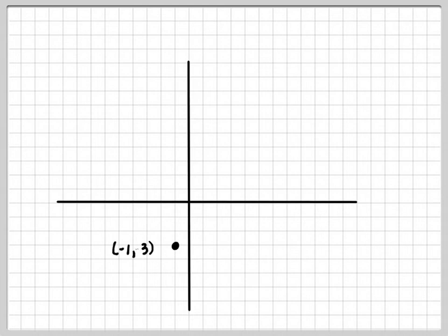I need to do 1, 3, which is here. And then 2, 6 is here. And then 3, 9 would be here. What kind of graph am I creating?